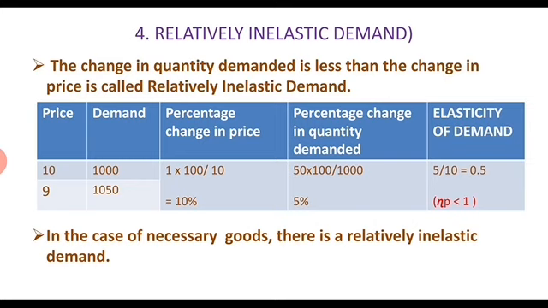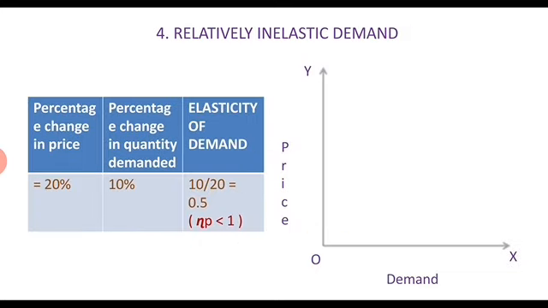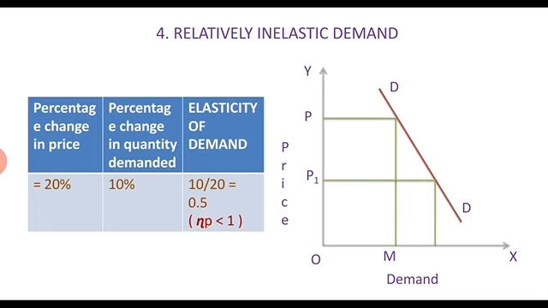In the case of necessary goods, there is a relatively inelastic demand. In this diagram, DD is the demand curve. At the beginning, price is OP, demand is OM. Price decreases from OP to OP1. Demand increased from OM to OM1.